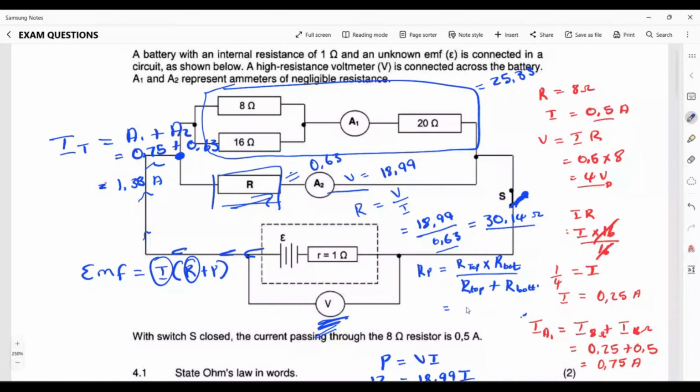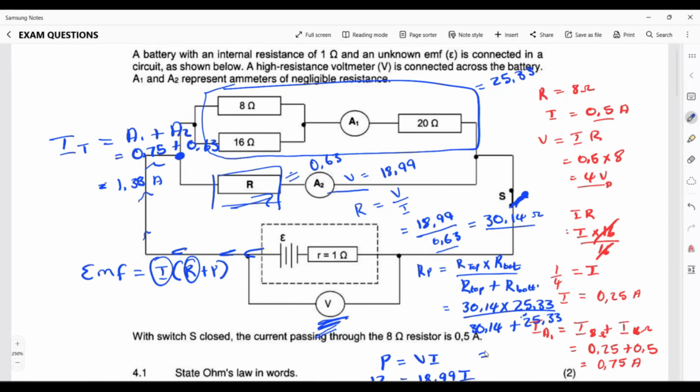So it's going to be 30.14 multiplied by 25.33 divided by 30.14 plus 25.33 over there.